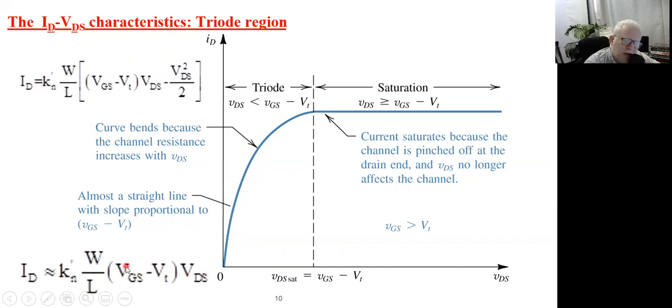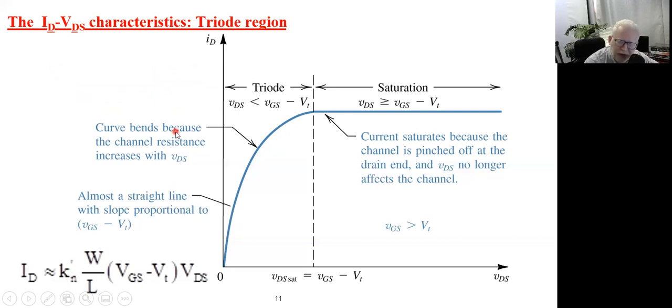This is just to make life mathematically easy, because this is a quadratic equation, while this is a linear equation. Of course, it is usually easier to deal with a linear equation than a quadratic equation. So this is a valid approximation whenever this term, VGS minus V threshold times VDS, is much greater than this term, VDS square over 2.